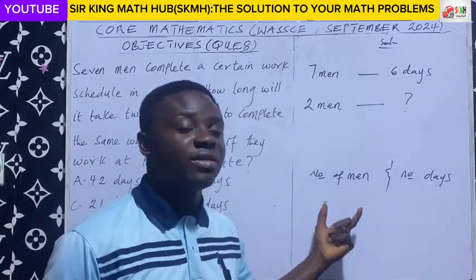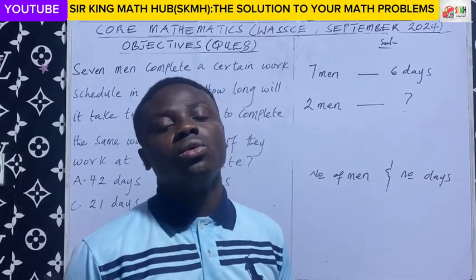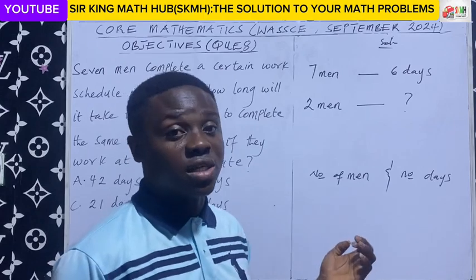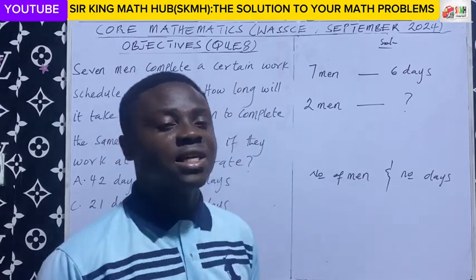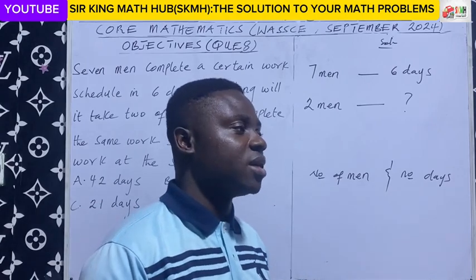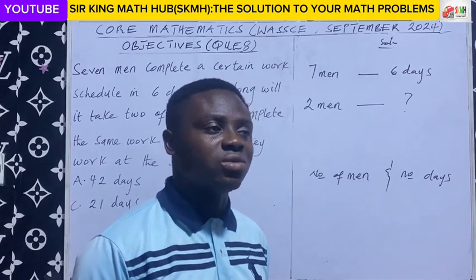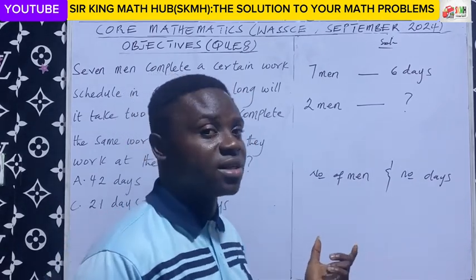So now in real life, let's say you have a piece of land and you employ laborers to work on the piece of land. Now let's look at 2 scenarios. The first scenario, let's say you employ many laborers to work on the piece of land. You see that it will take them fewer days to complete working on the piece of land.